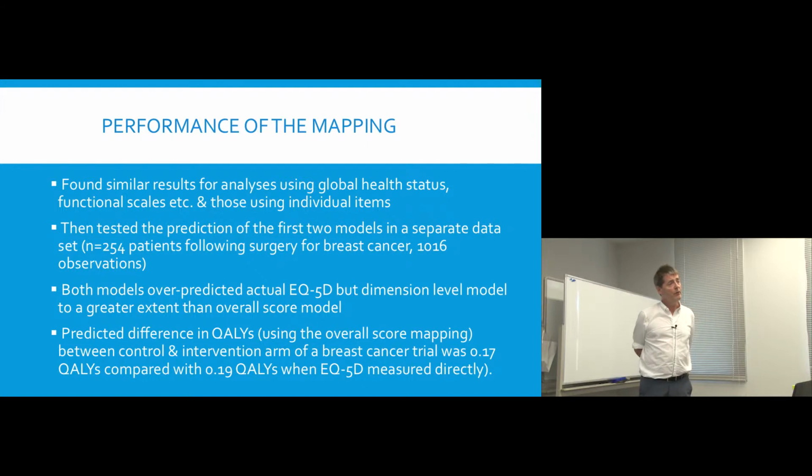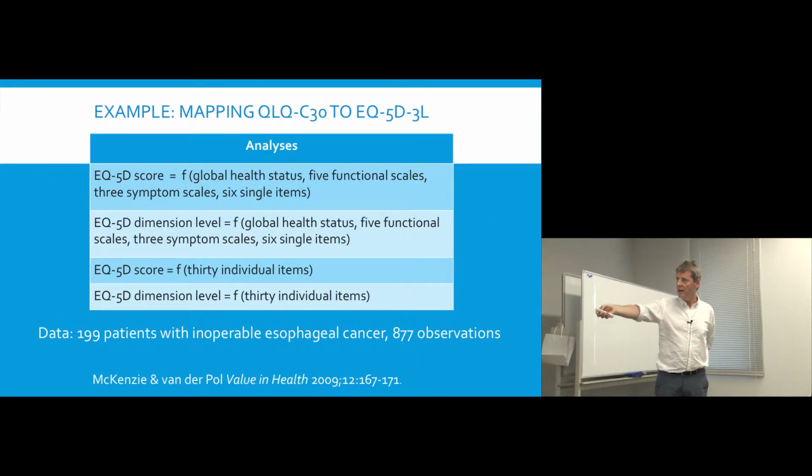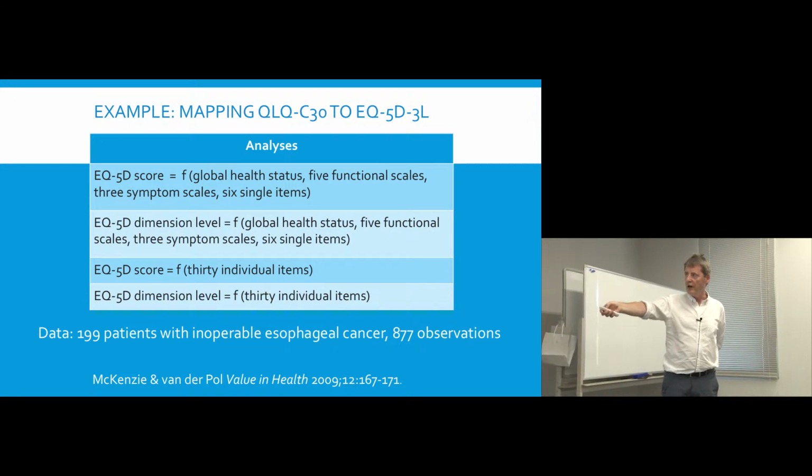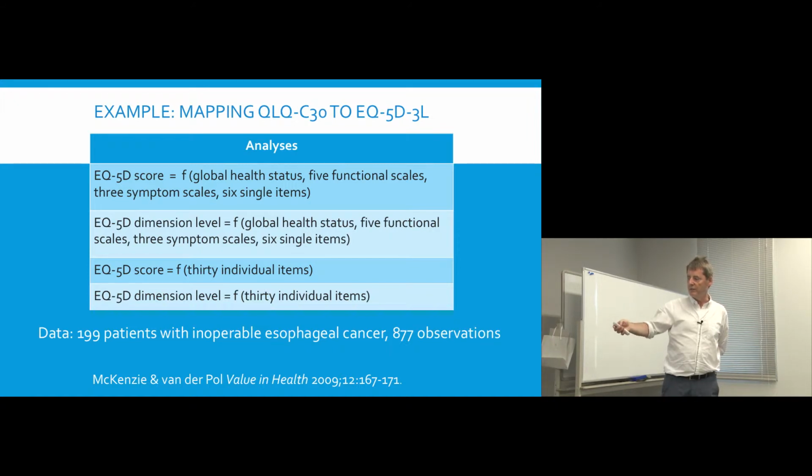And they found that both these models over-predicted, but the dimension model over-predicted more. So in the end, they decided this was their preferred model, predicting the overall score and using the group data rather than the 30 items.